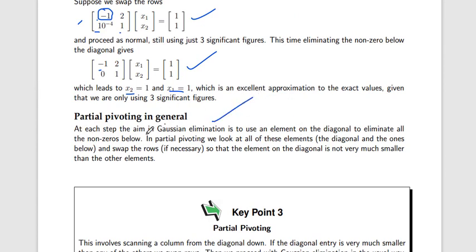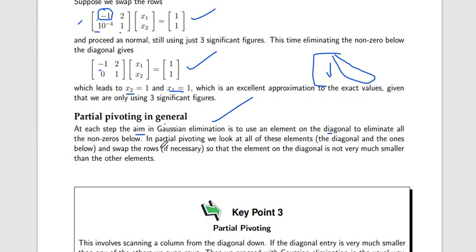In general, at each step the aim in Gaussian elimination is to use an element on the diagonal to eliminate all the non-zero elements below. What will we do in Gaussian elimination? Below the diagonal element we will transform the elements into 0, or transform this matrix into an upper triangular matrix.